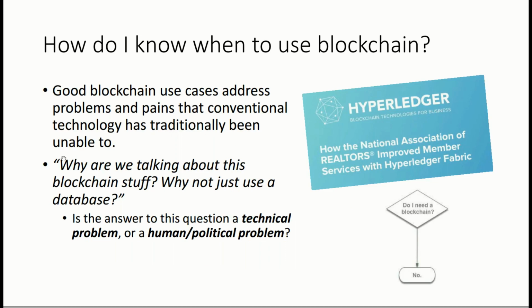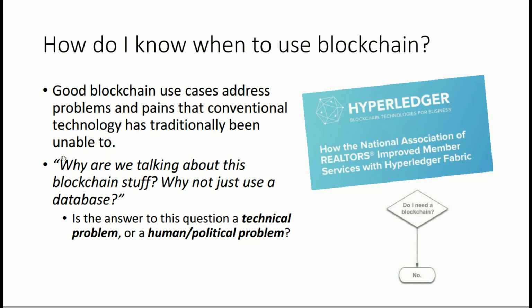All right, let's talk about some indicators to look for. Probably the biggest indicator you can look for that'll tell you that you found a good blockchain use case is one where you ask yourself, hey, why are we talking about blockchain? Why can't we use conventional technology or a centralized approach?